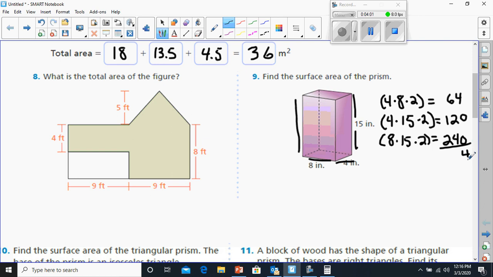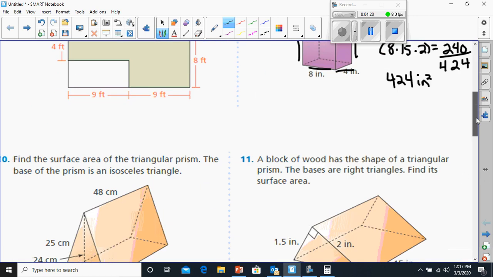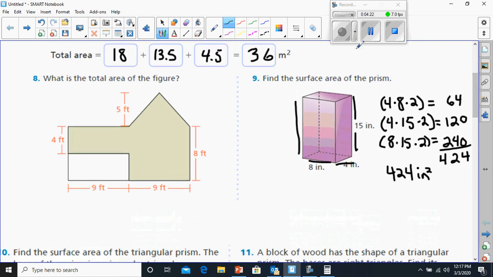I should get 4. That would give me 2, carry the 1, and that would give me 4. So it should be 424 inches square. All right, and I want to make sure I label, yep, that was labeled correctly. So it should be 424 inches squared.